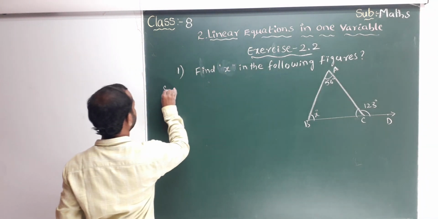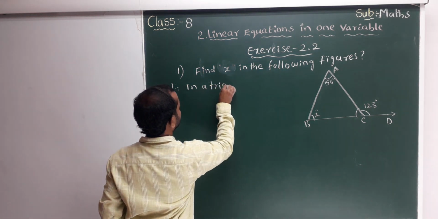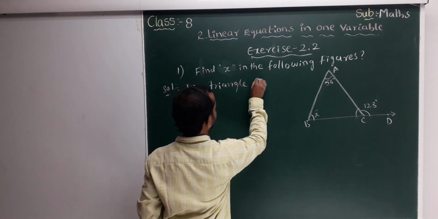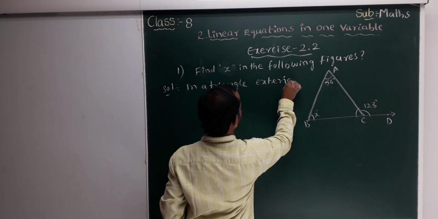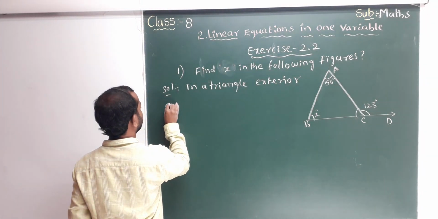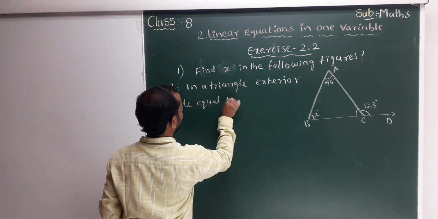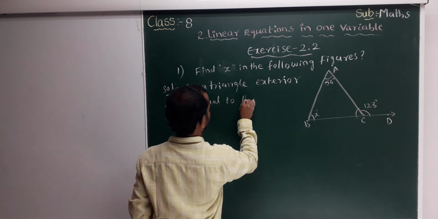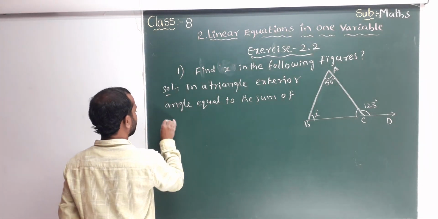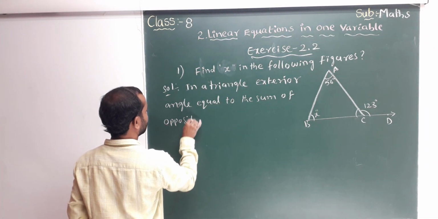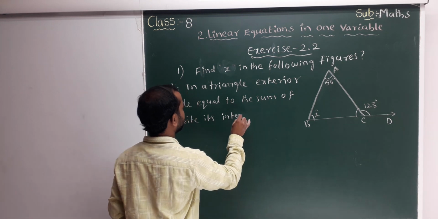Okay. So in a triangle, the exterior angle equals the sum of the opposite interior angles.